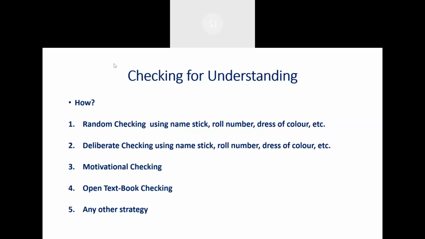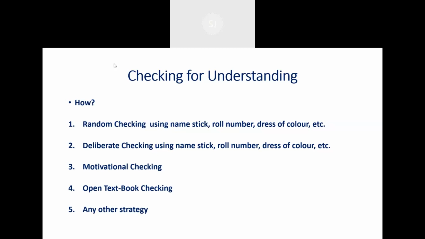So this is to be going on throughout the classroom, throughout the topics. It is not only during the formative assessment, but throughout the session. So this is called random checking.